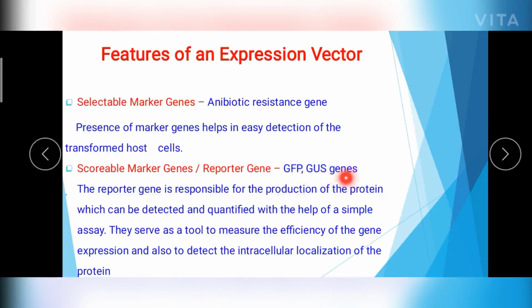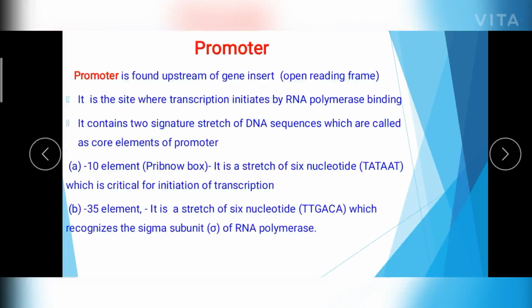These are reporter genes inserted in the expression vector in order to know the gene expression, whether the inserted gene is expressing or not, and how much it is expressing. You can quantify the amount of protein produced by the expression vector using this reporter gene. These reporter genes are present exclusively in the expression vector.